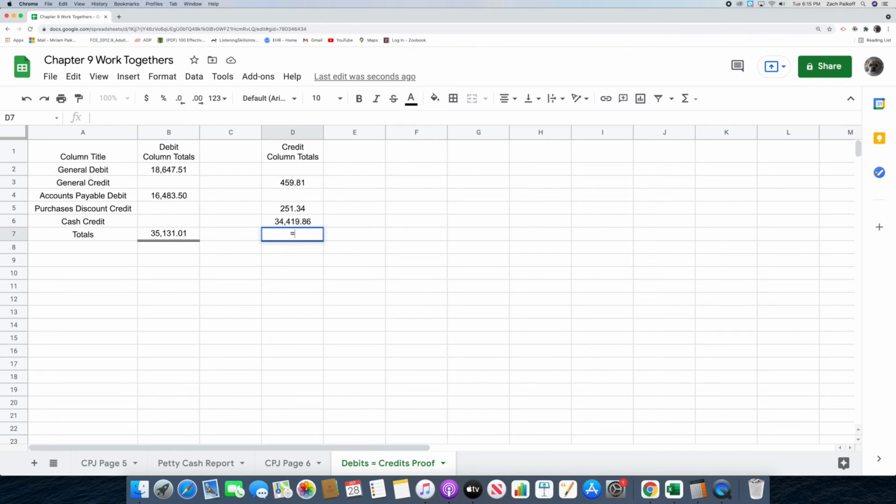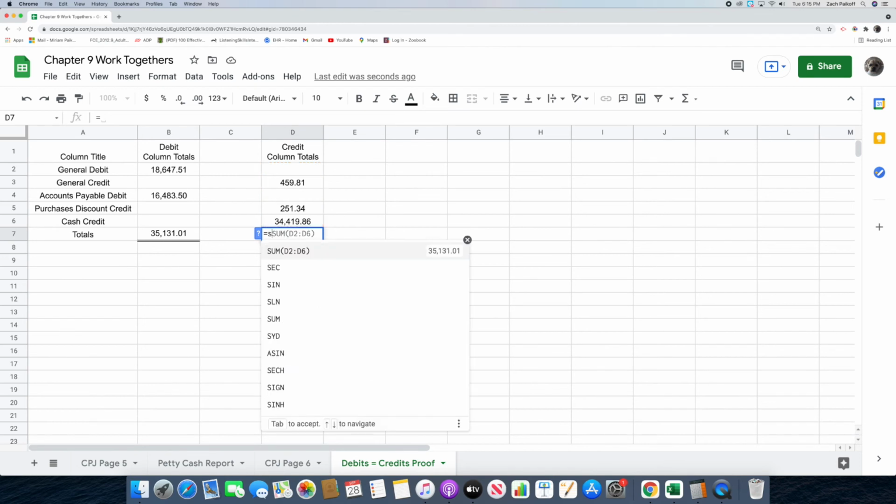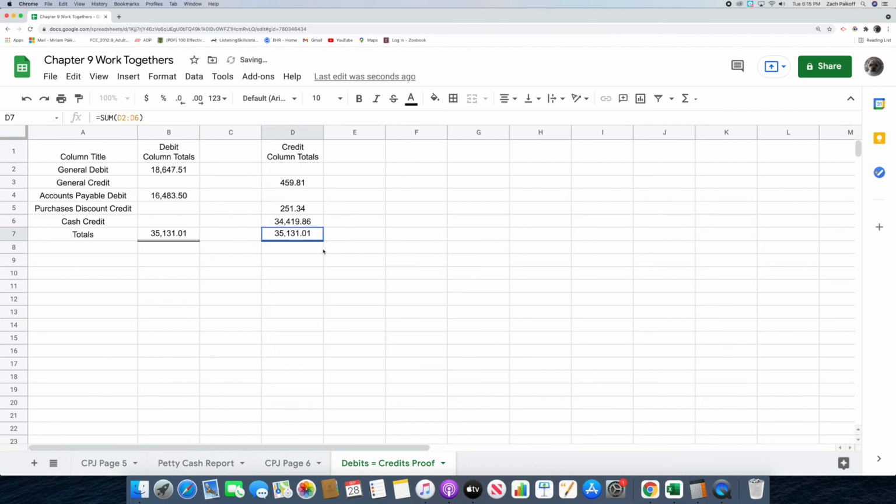We're going to do the same thing with the credit column totals. We're going to type in equals sum, select cells D2 to D6, and then press enter. And that also gives us $35,131.01. So since these two numbers are the same, we are done with proving that debits equal credits.